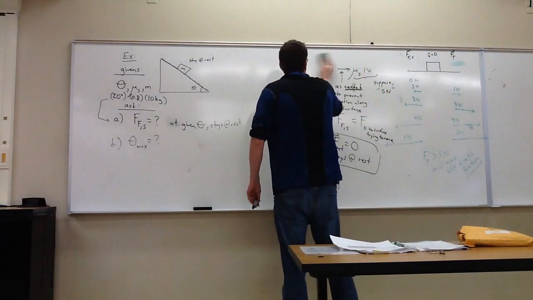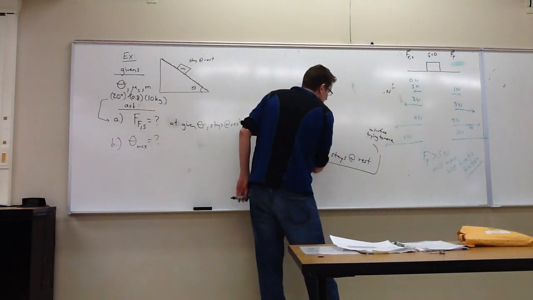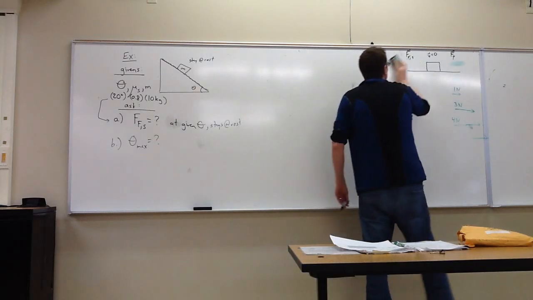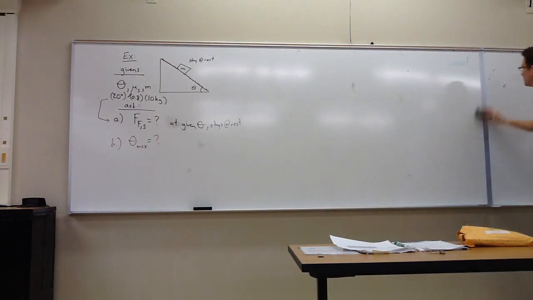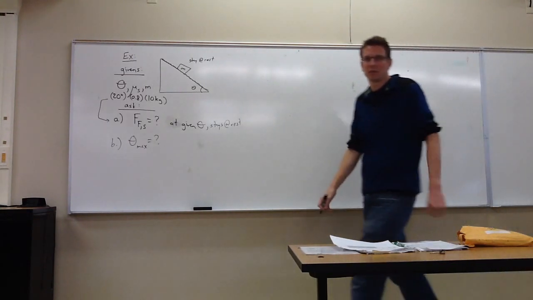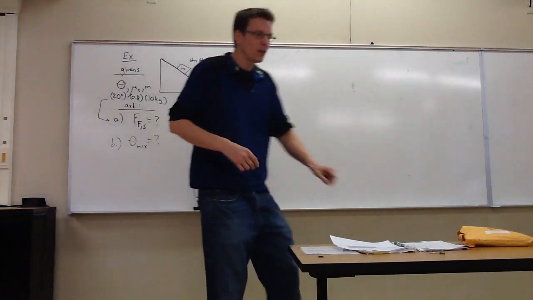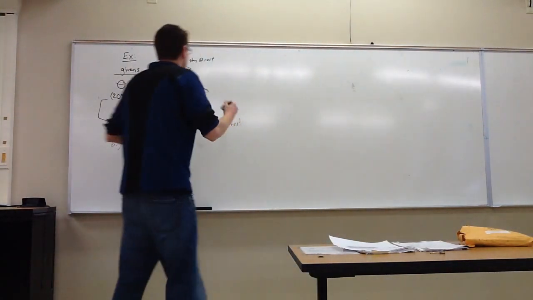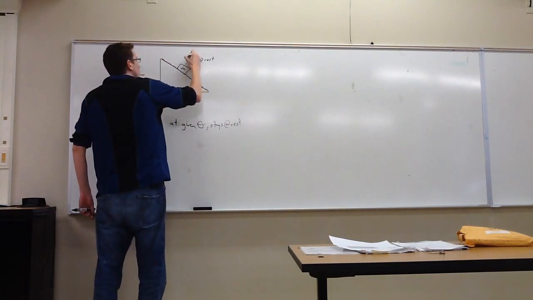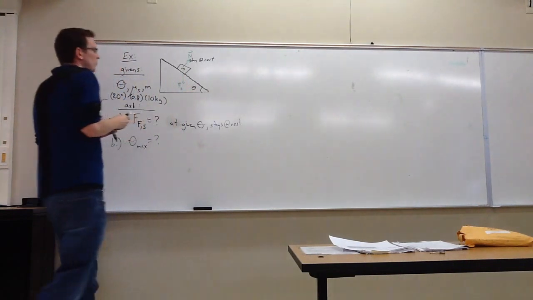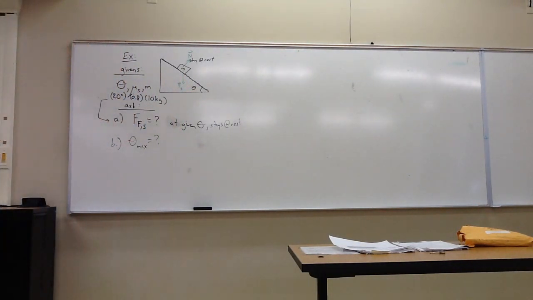So let's try it. I'm not going to finish this today, but I'll finish it on Friday. Step 1, object of interest. Obviously, it's that block. Step 2, forces that act. Well, we have previous experience with an inclined plane: normal force, force of gravity. We've discussed the situation at length.